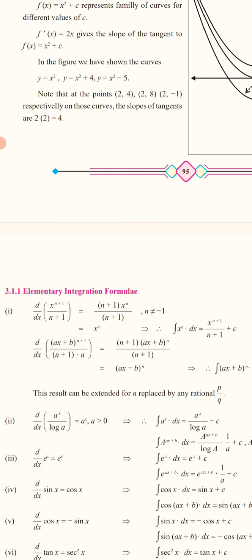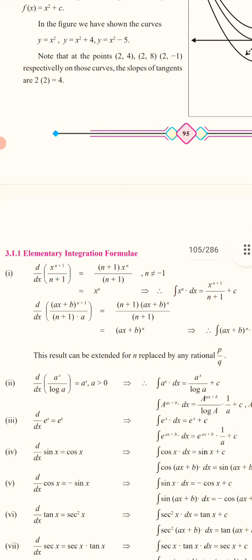Integration of a raised to mx plus b dx is equal to a raised to mx plus b upon log a into 1 upon m plus c. Next, integration of e raised to x dx is equal to e raised to x plus c.